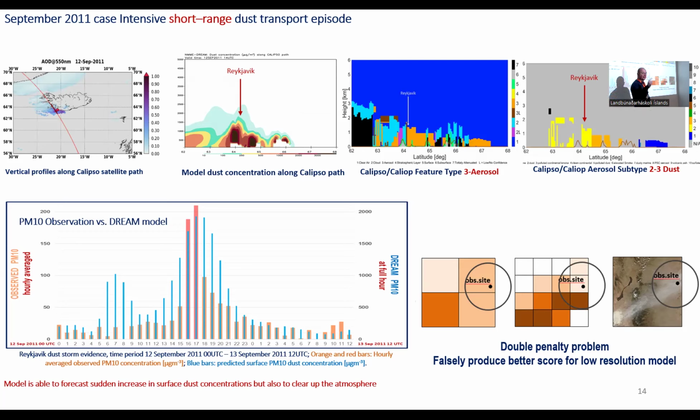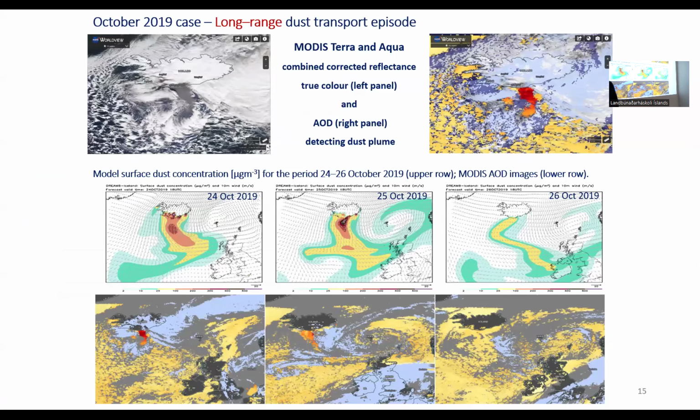Although your forecast is really good, the observation point, because of a displacement of a kilometer or two, will give you the worst results. But if you have a coarse resolution, you will hit some concentrations for sure, not so high, but you will. So keep in mind the double penalty problem when going to really high resolution.